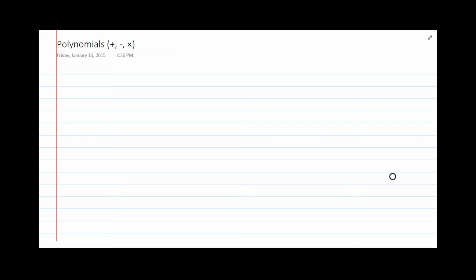Because our polynomials are algebraic expressions, we have already added many polynomials before, right? So to add polynomials, all we're going to do is add like terms, something that we've done before.